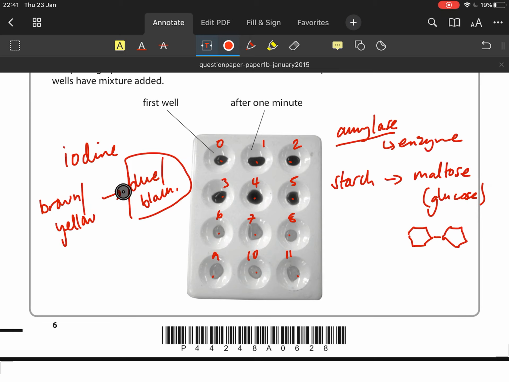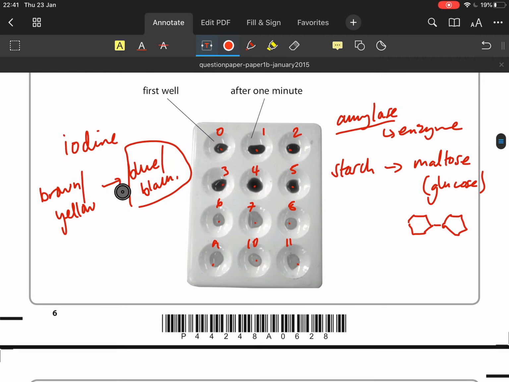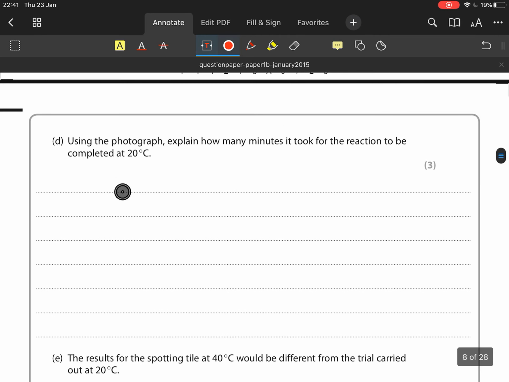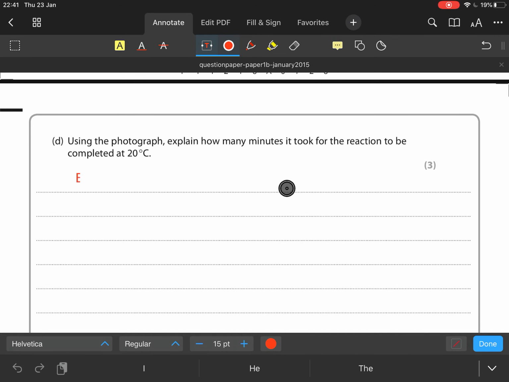Now, I appreciate it's a black and white picture, therefore you can't see the browny yellow, but you can see that it's definitely lighter. It's not this inky blue-black. So sometime between 5 and 6 minutes, the starch is no longer in that solution, which suggests it's all been broken down. So it's between 5 and 6 minutes.